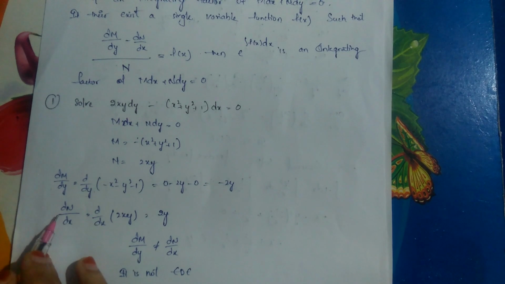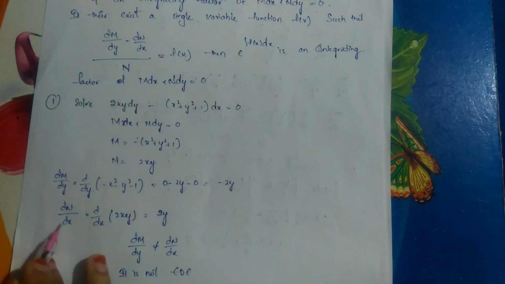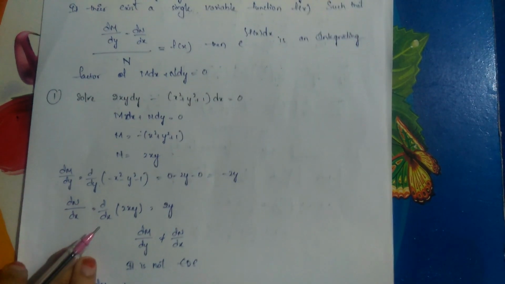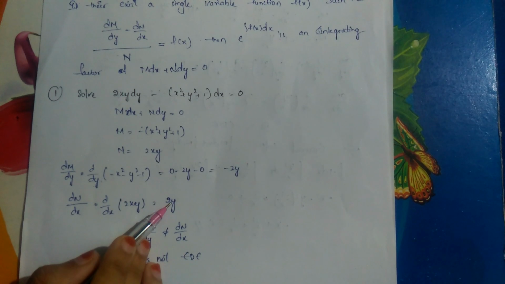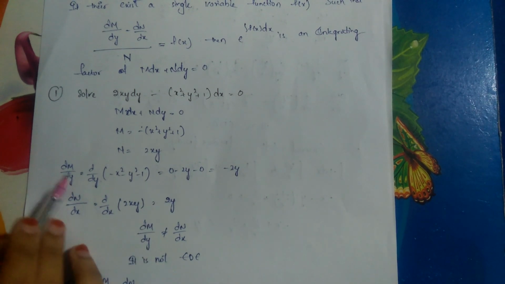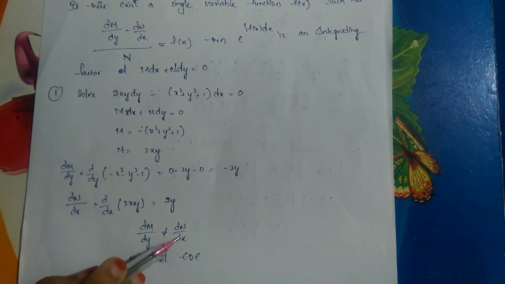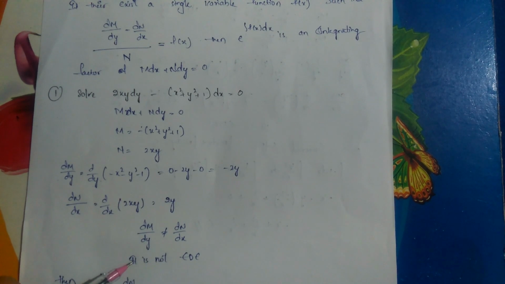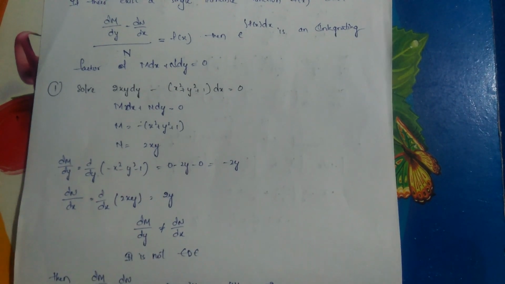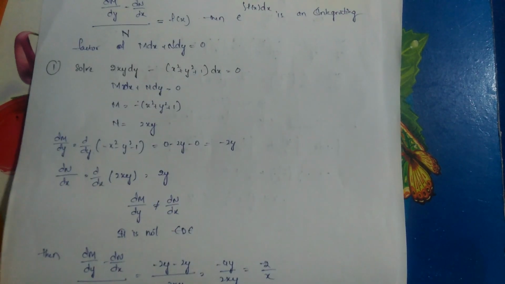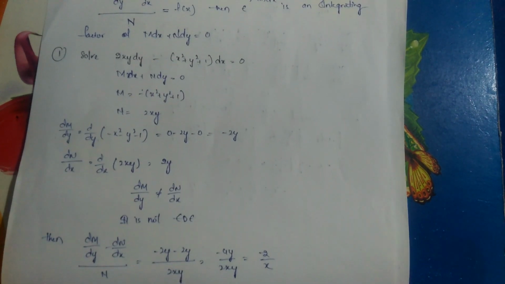Now differentiate the function N with respect to x, that gives ∂N/∂x, which equals ∂/∂x of 2xy, and the differentiation of 2xy is 2y. Then you can see here ∂M/∂y is not equal to ∂N/∂x. Then we can conclude that it is not an exact differential equation. So now we have to make it an exact differential equation.